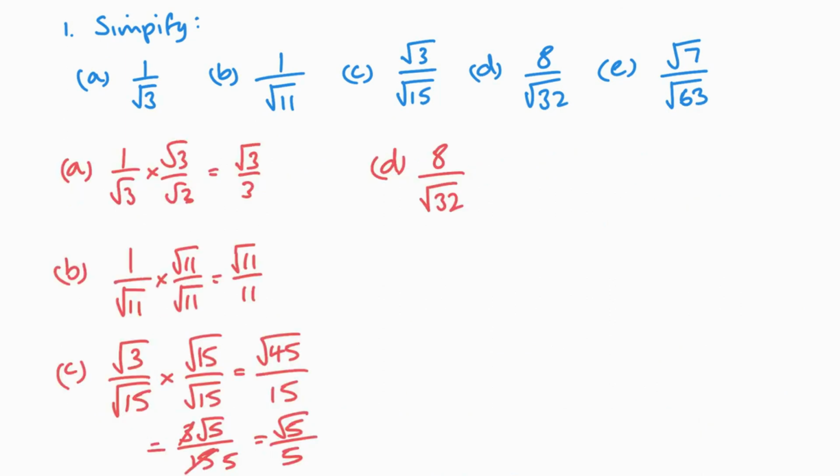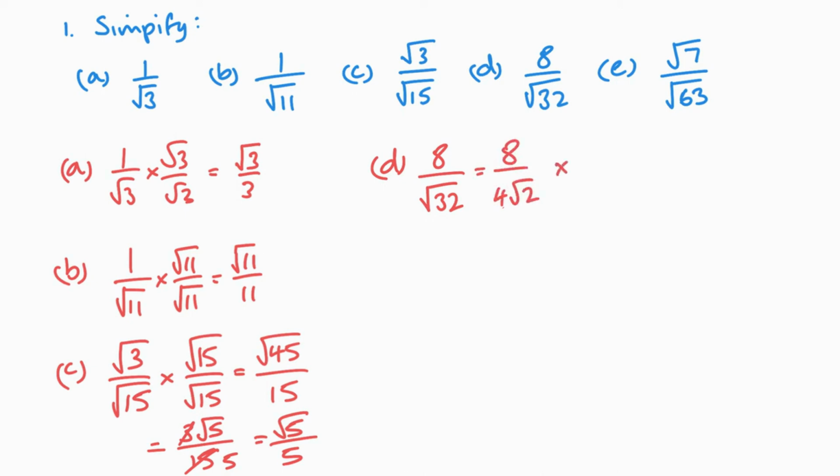Now with D here, we can multiply top and bottom by root 32 and then look to simplify, but if you notice that the root 32 can also be simplified first, this can be written as 4 root 2, because 32 is 16 times 2.